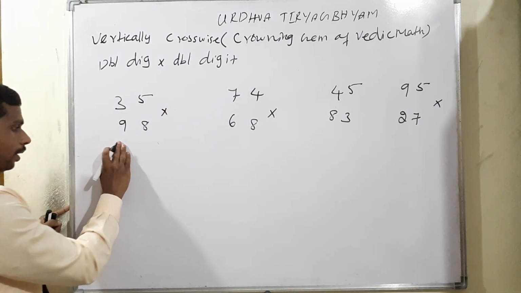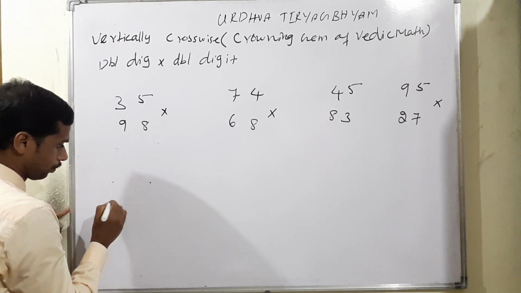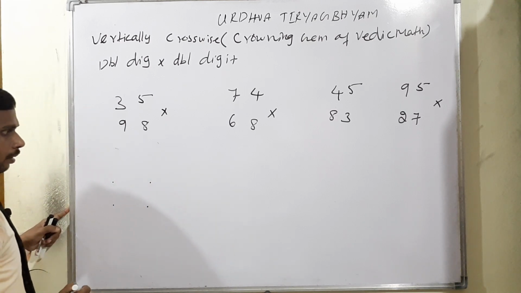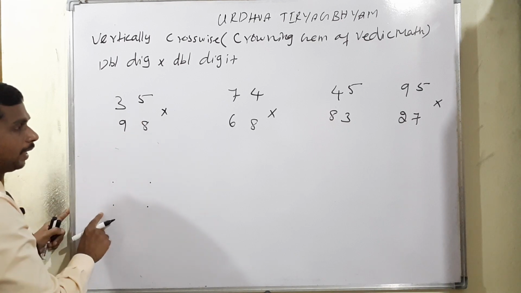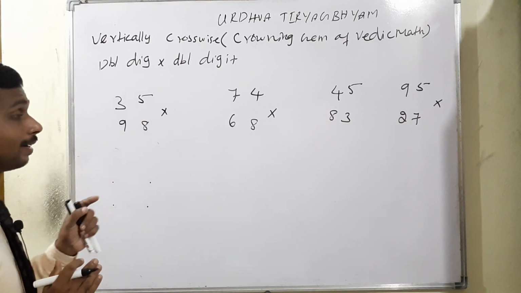So first we consider the dots: 1, 2, 3 and 4. How many steps will we need? 4 steps, sorry my dear, 3 steps will come.